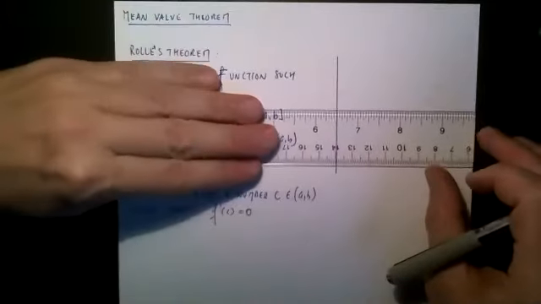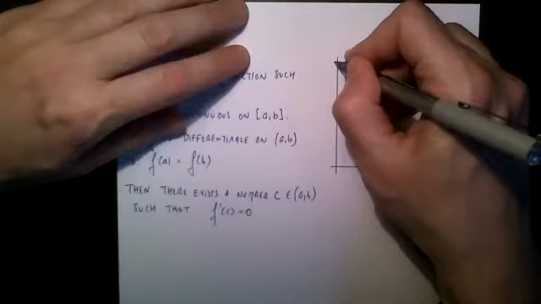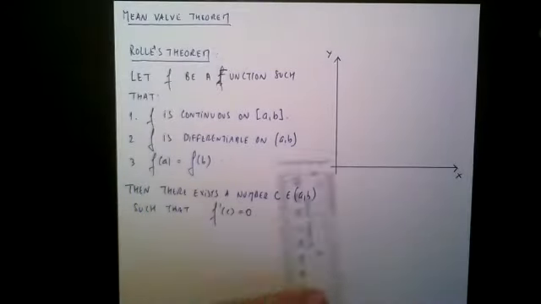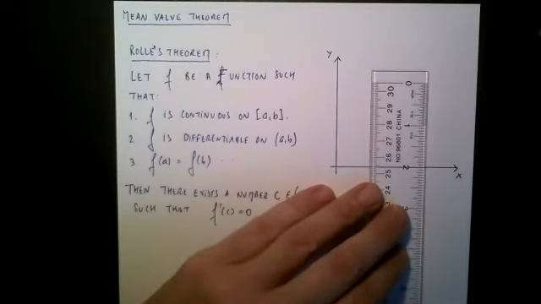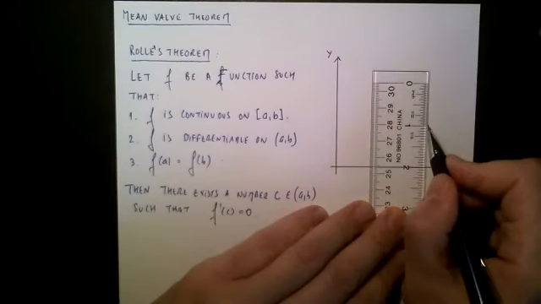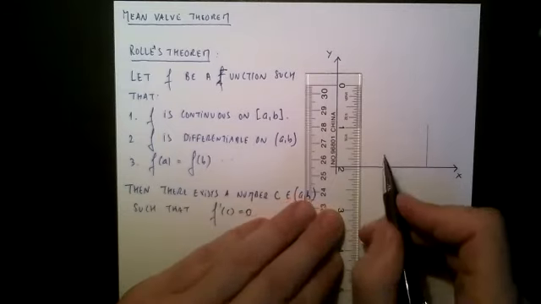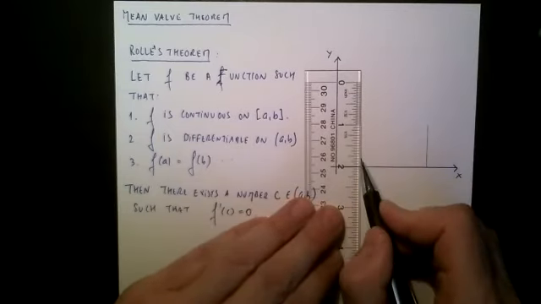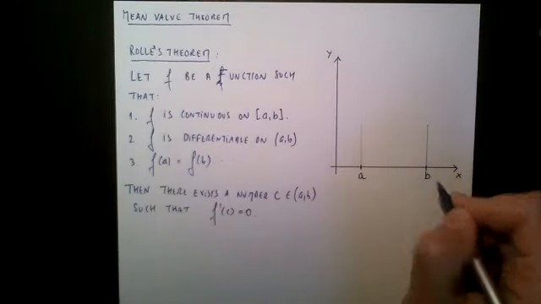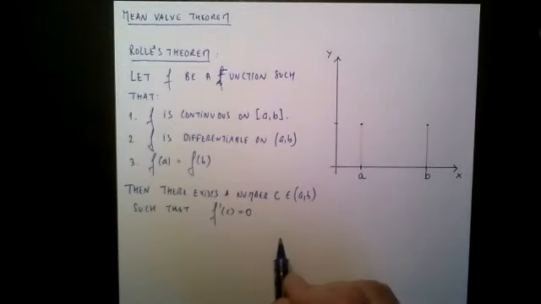So again, an image is much better than talking. A, B, f of A is equal to f of B. Okay, they're both at the same height.